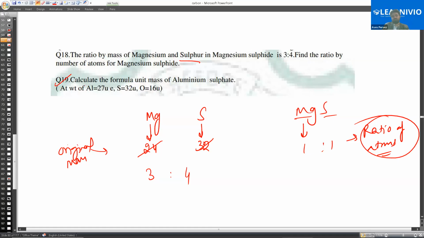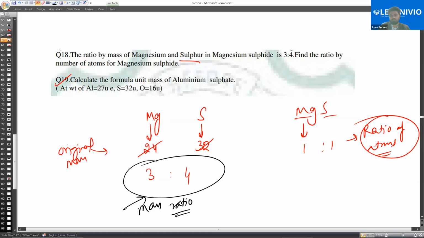Two, question number this one. What is the formula for aluminium sulfate, Sarah? Yes, can anybody in the class tell me what is the formula for aluminium sulfate?